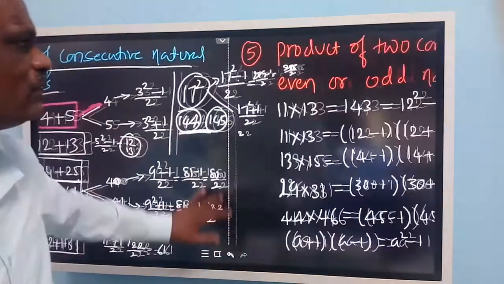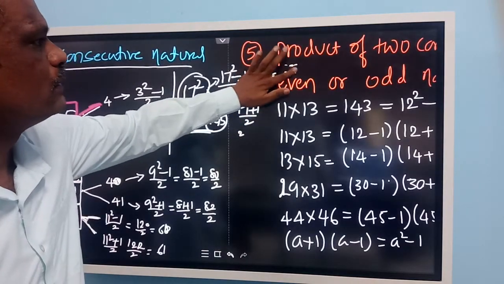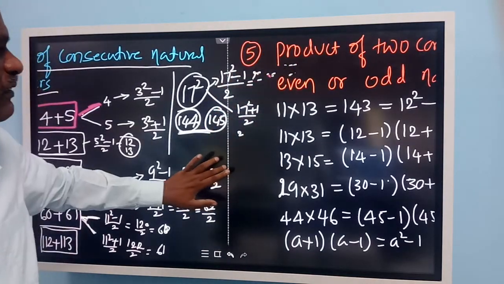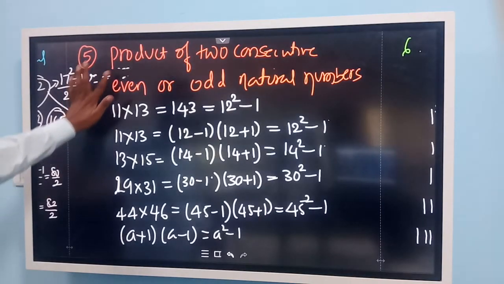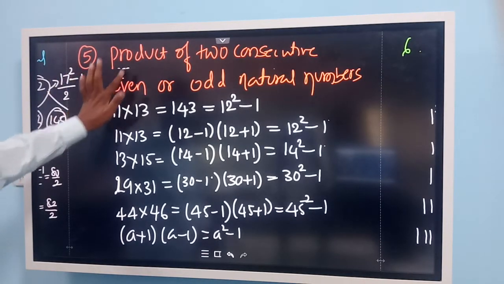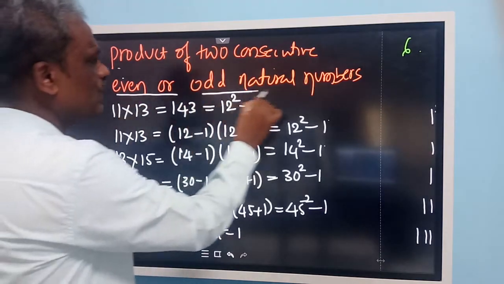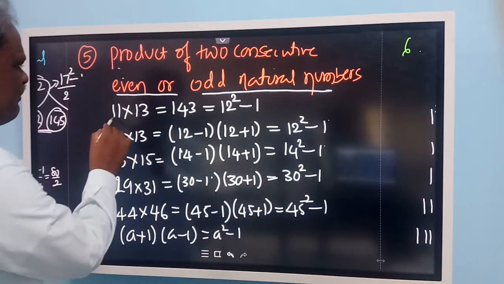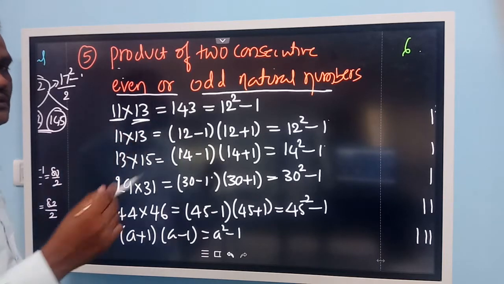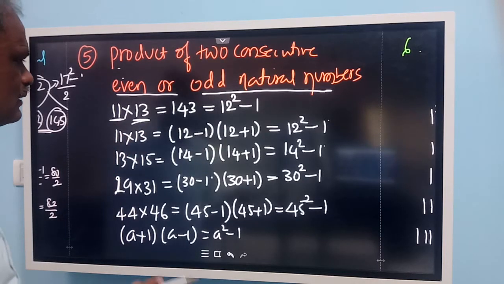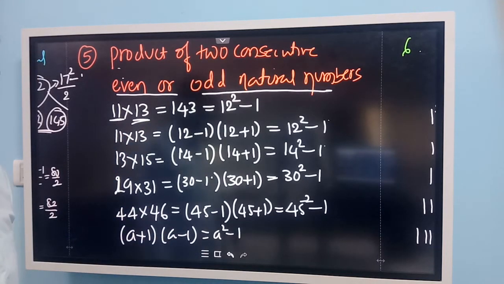Okay, then come to the next pattern here, the fifth type. All of you look at this. Product of two consecutive even or odd natural numbers. So 11 and 13 are consecutive odd natural numbers. Immediately after 11 you get 13 as the odd number.